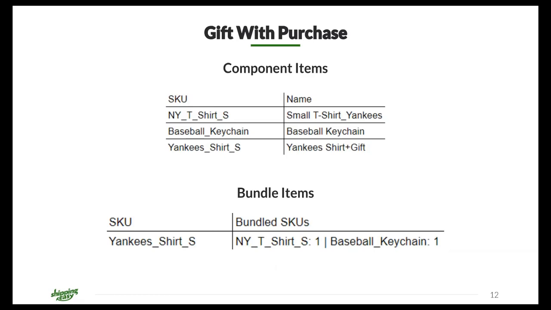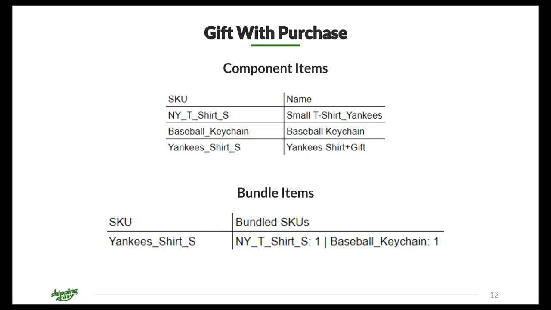Next, we have gifts with purchase. This is a great way to offer promotions for specific items that you want to sell on your platform. So with this, you can have a shirt set up in this example, and that shirt automatically includes a baseball keychain. So it would just be a really great way for you to either get product that you want shipped without someone having to purchase it, or for you to set up a promotion where if you buy one item, you get another.